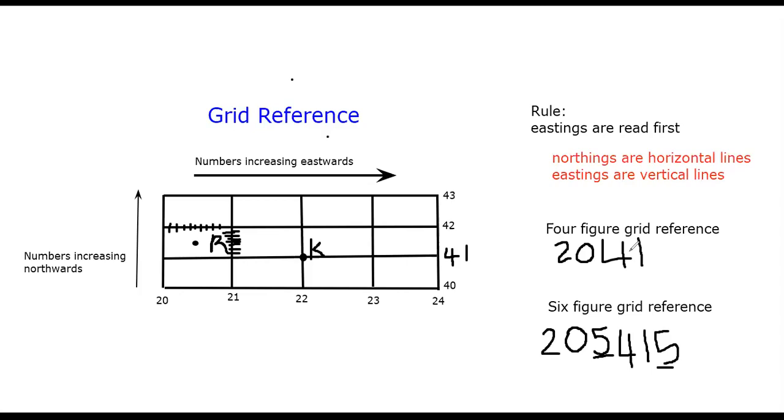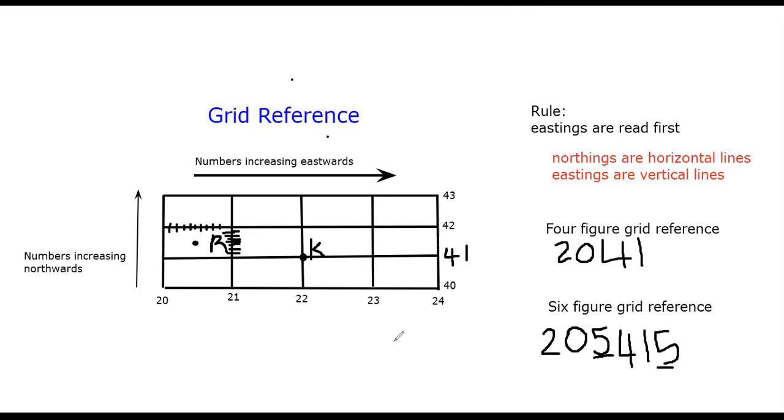The 4-figure grid reference just gives a particular area, and the 6-figure grid reference gives the exact location, the exact town, right? So the 6-figure grid reference is what we normally use to identify specifically. This is just like the foundation, just learning the basics, and then we move on deeply into the 6-figure grid reference where you find the exact location.